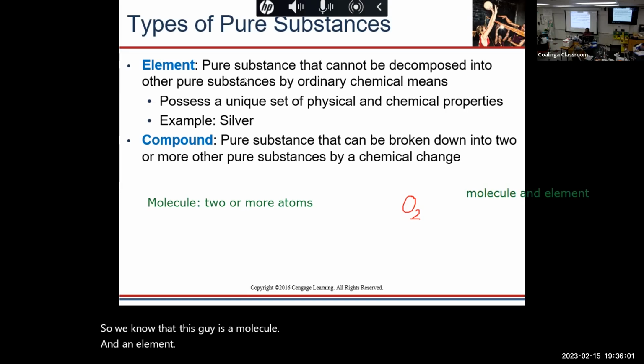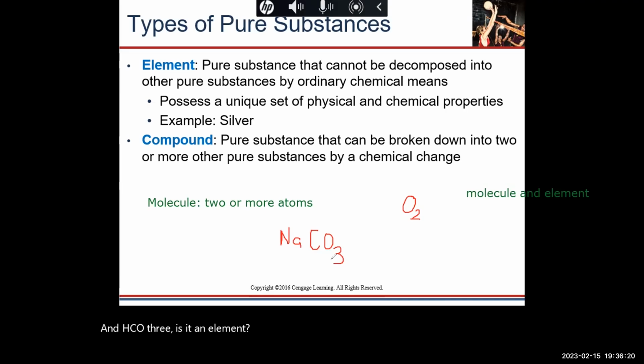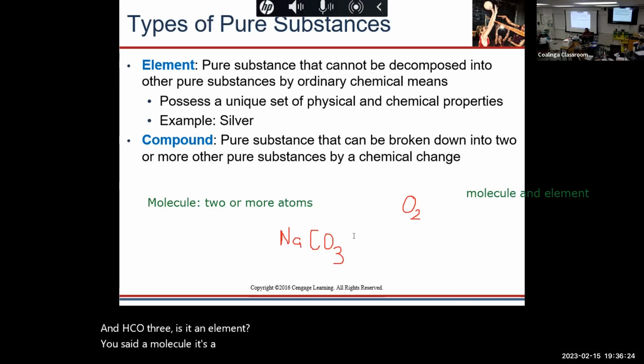What about NaHCO3? Is it an element? Is it a molecule? It's a molecule. Is it a compound?